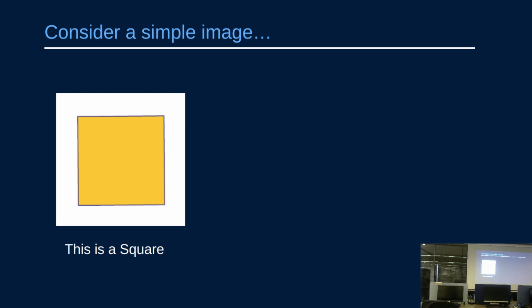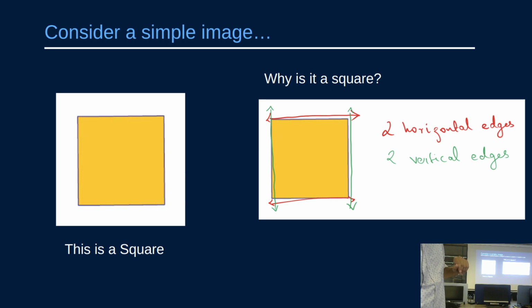Okay, I hear 4 sides and same length. 90-degree angles, good. The key point here is that it has 4 sides. That means it has 2 horizontal edges and 2 vertical edges. Also, all of them are of the same size.